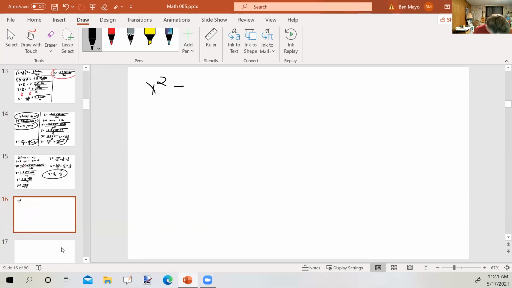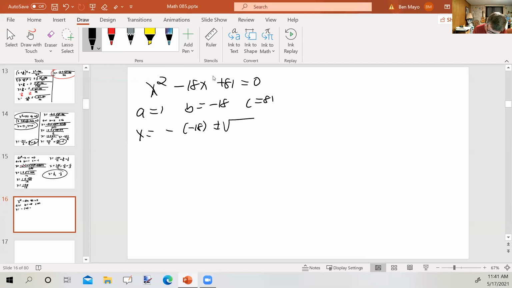X squared minus 18x plus 81 equals 0. A is 1, B is -18, and C is 81. X equals -b plus or minus the square root of b squared minus 4ac all over 2a.